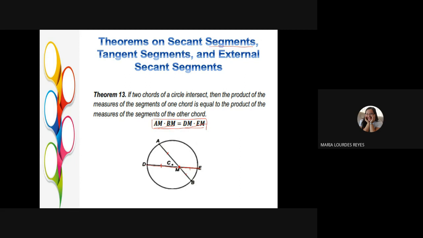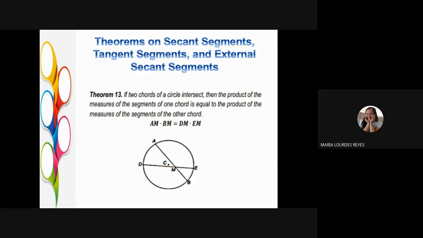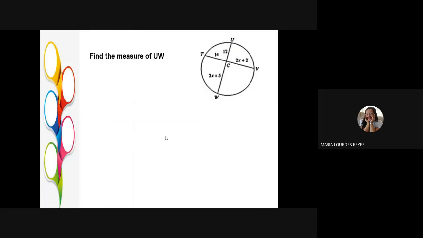Now for you to understand this better, let us have an example. It says here, we are to find the measure of UW. So we are to get the measure of line segment UW. This is U, then this is W. Now basically, one part of UW, which is UC, is already 12. And the other part from C going to W, or CW, is 2x plus 5.